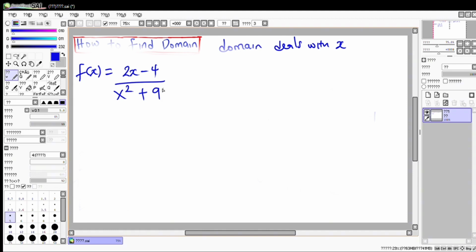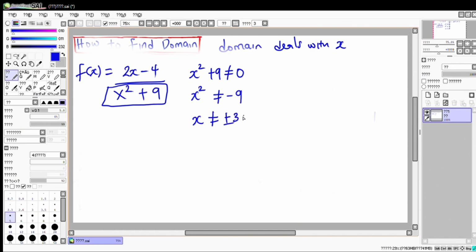For this function to be defined, it means that the denominator must not be equal to 0. That implies that x squared plus 9 must not be equal to 0. That means x squared must not be equal to minus 9. That means x must not be equal to plus or minus 3i.